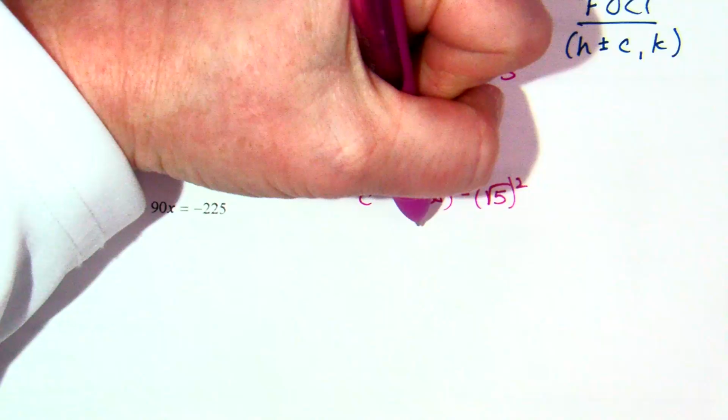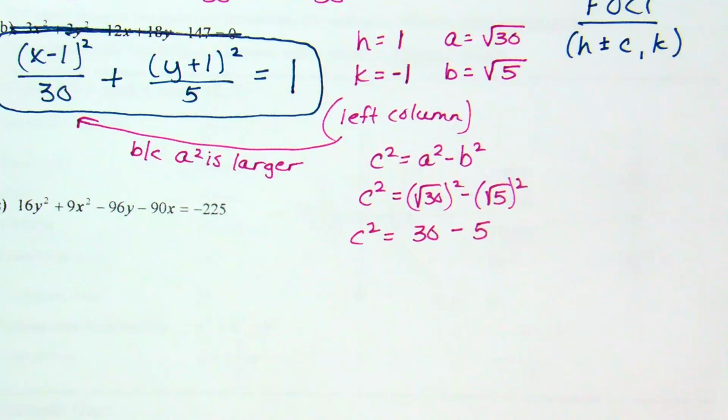Square root of 30 squared is 30, minus square root of 5 squared is 5. 30 minus 5 is 25. And C is 5.